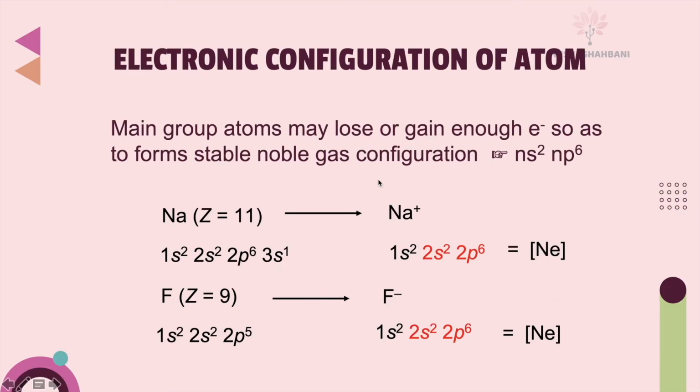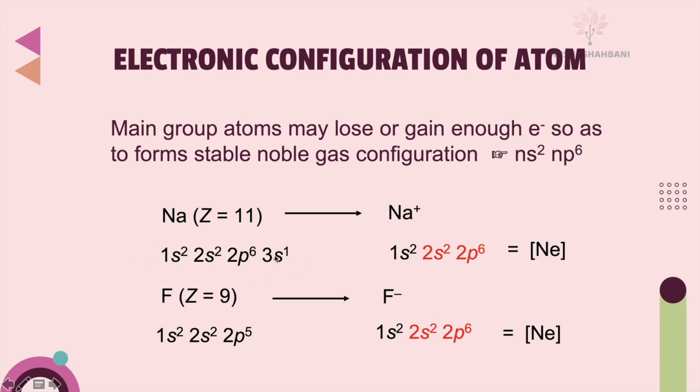Main group atoms may lose or gain electrons so as to form a stable noble gas configuration, with eight electrons. Na, sodium, proton number 11, so 11 electrons. 1s2, 2s2, that is four, and then 2p6, total 10, and then one more, 3s1.